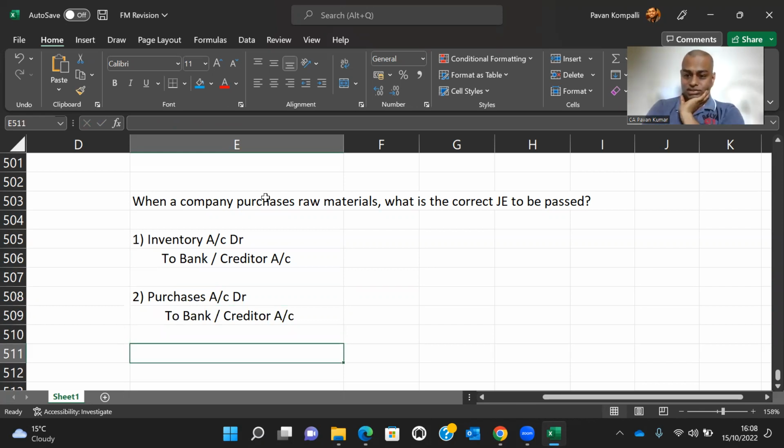Deepak is saying 2. Srivatsan is saying both are correct. Okay. Akshay is saying both are correct. This question, I remember I asked a newly qualified chartered accountant. One company was hiring an accounts manager, so they called for interviews.